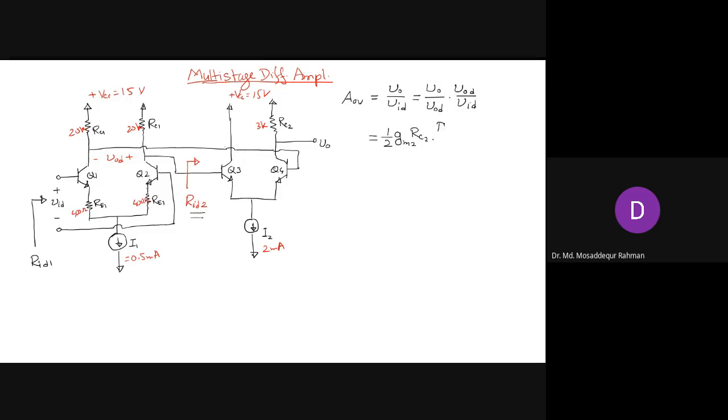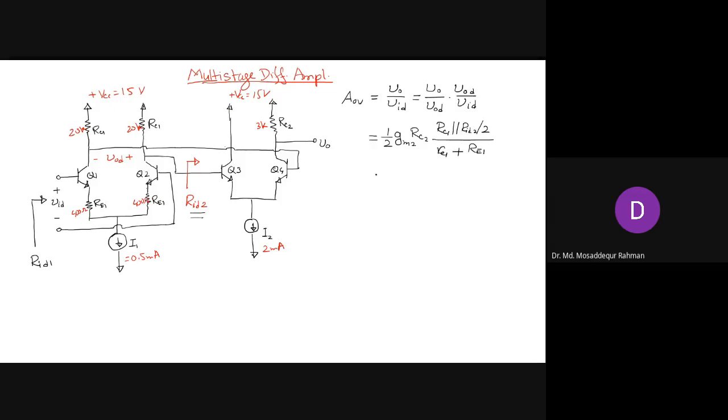So the effective collector resistance will be RC1 in parallel with RID2, but it will be half of that because half will go to the other RC, divided by the emitter resistance, which is small re1 plus capital RE1. That will be our total gain expression.